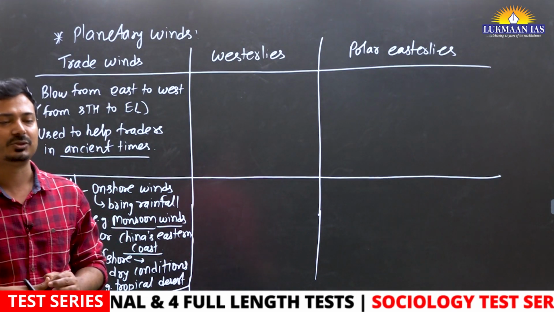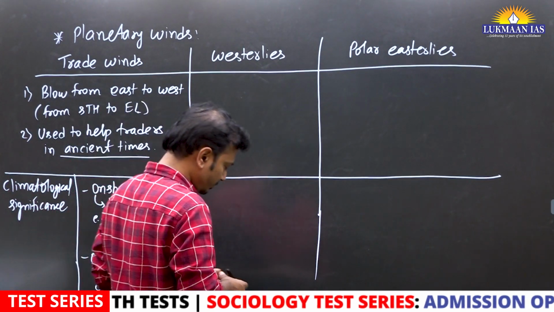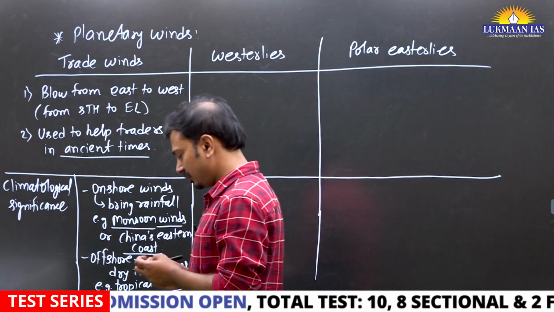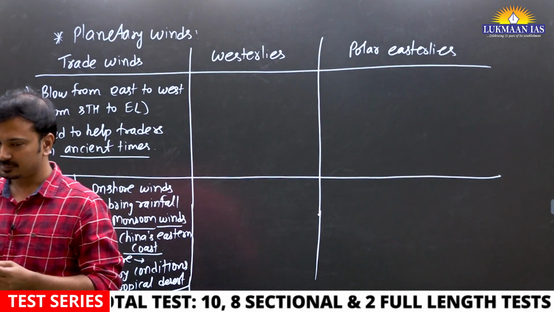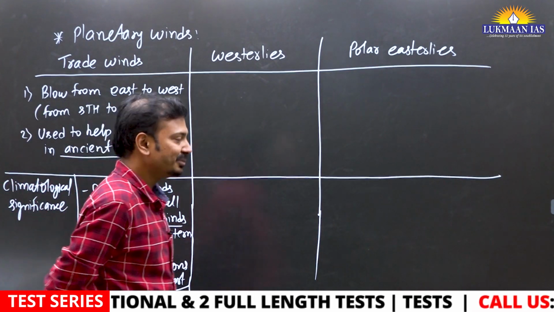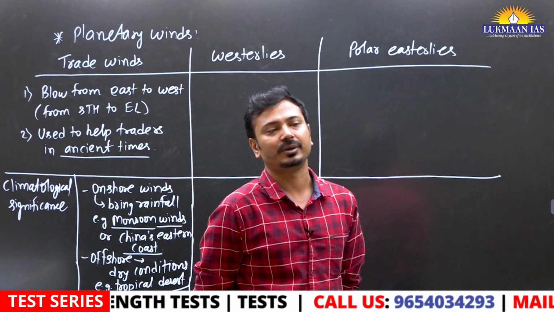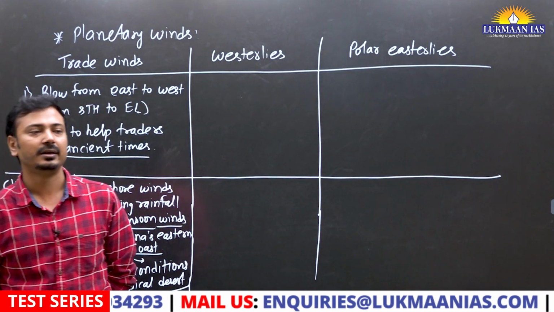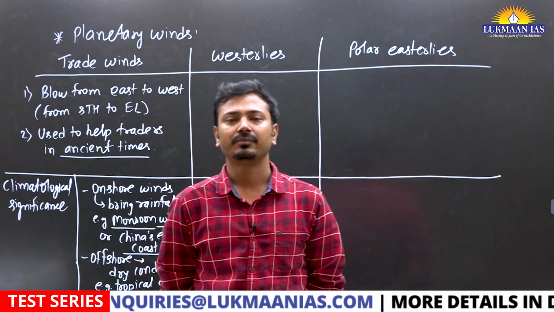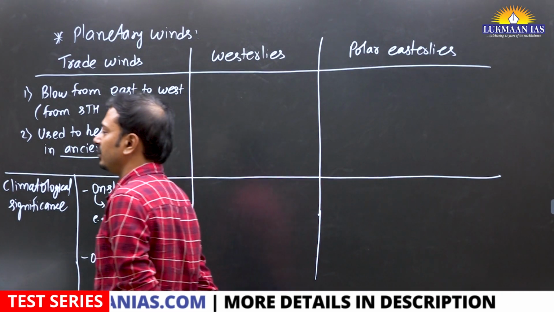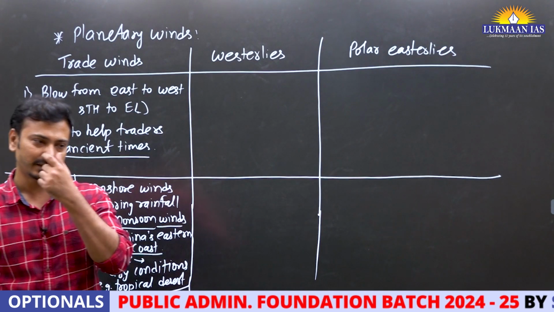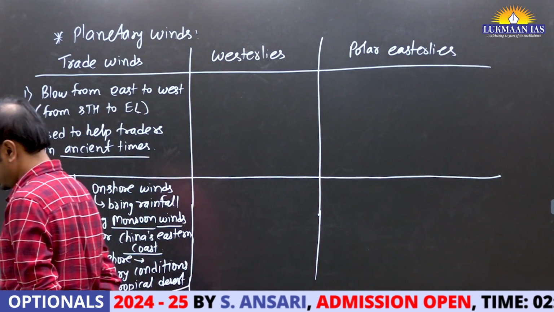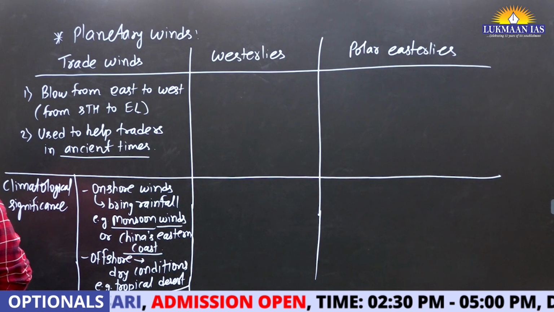Humboldt current. See the ocean currents map. Which ocean current is flowing along the western coast of Africa in the southern hemisphere? Benguela current. And in the northern hemisphere, western coast of Africa, Guinea current, or Canaries current also extends down to, we can say, the western African region, Canaries current. ठीक है?